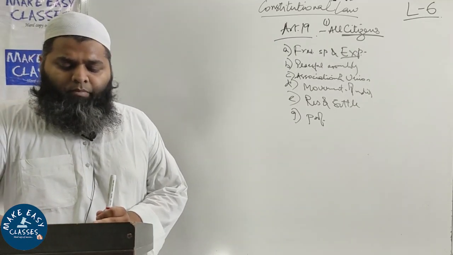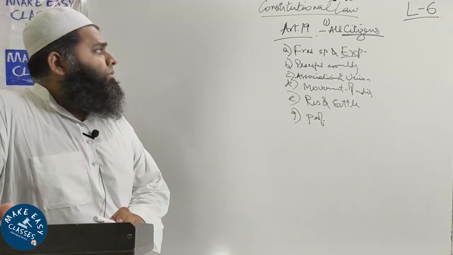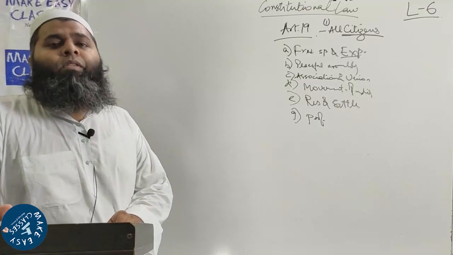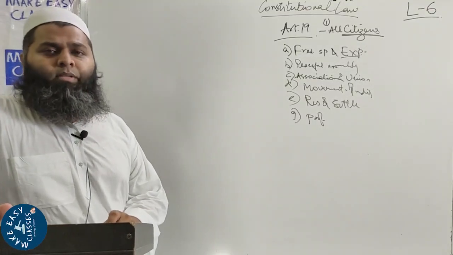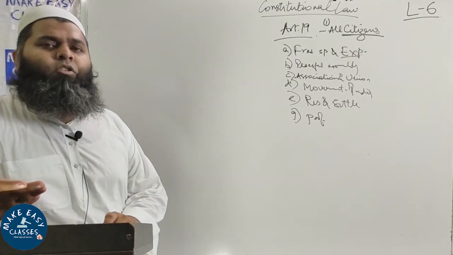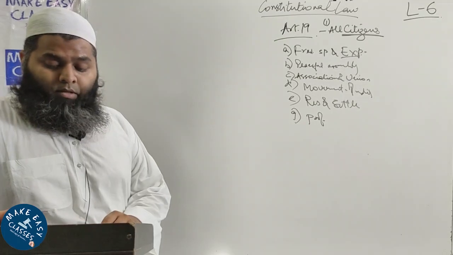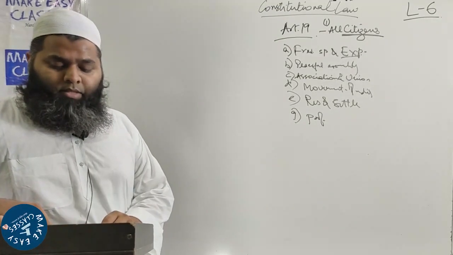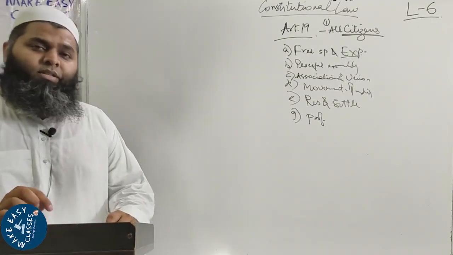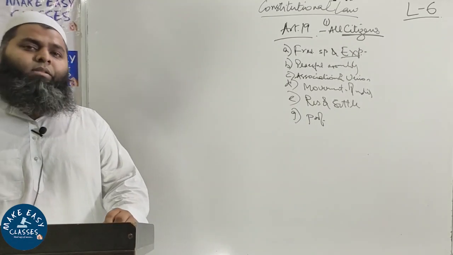So first, very briefly, I will tell you what article 19(1)(a) is. Article 19(1), as you might be seeing in the soft copy of the BA.LL.B study material, deals with the citizens of India, that all citizens shall have the rights.